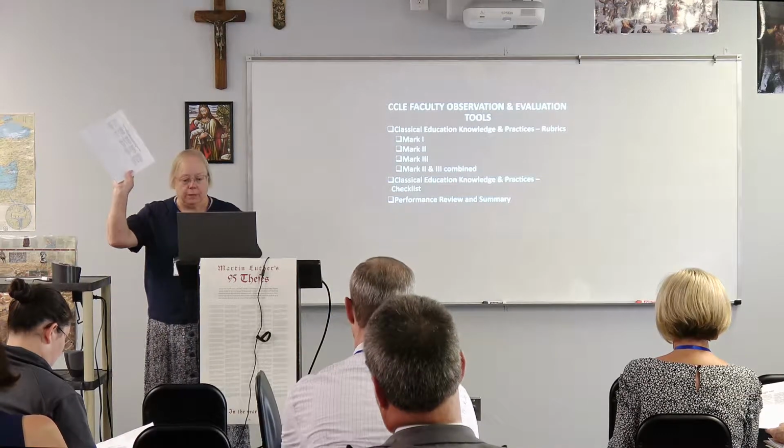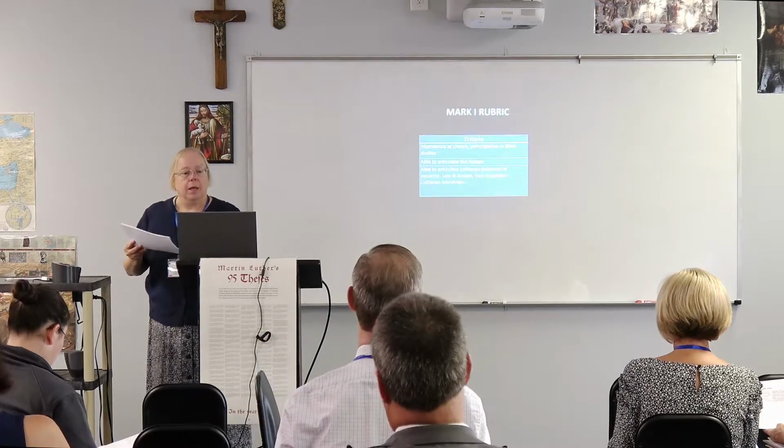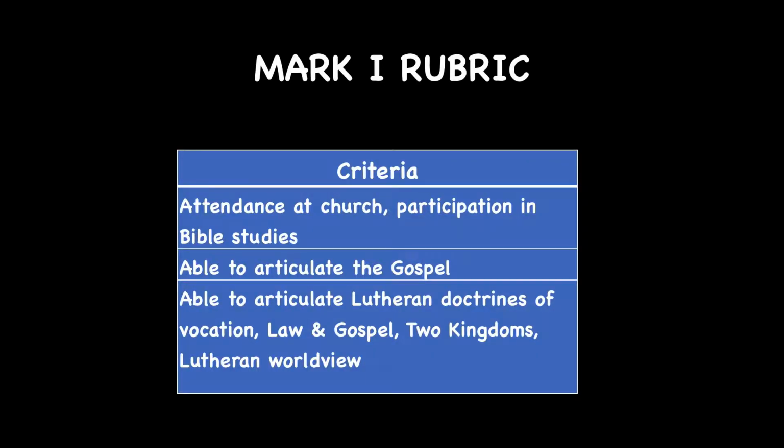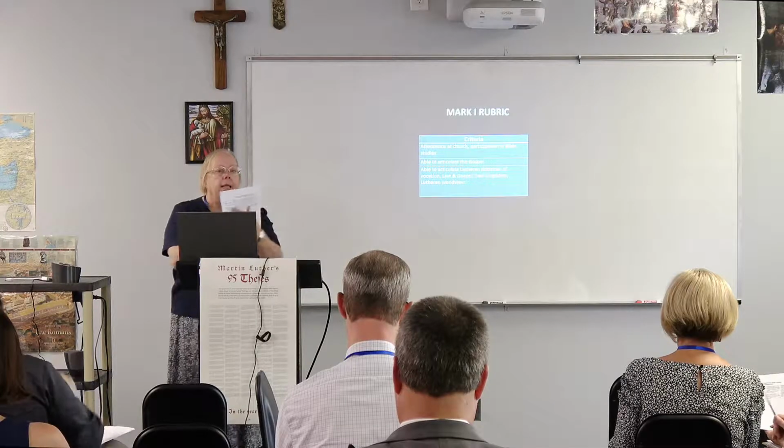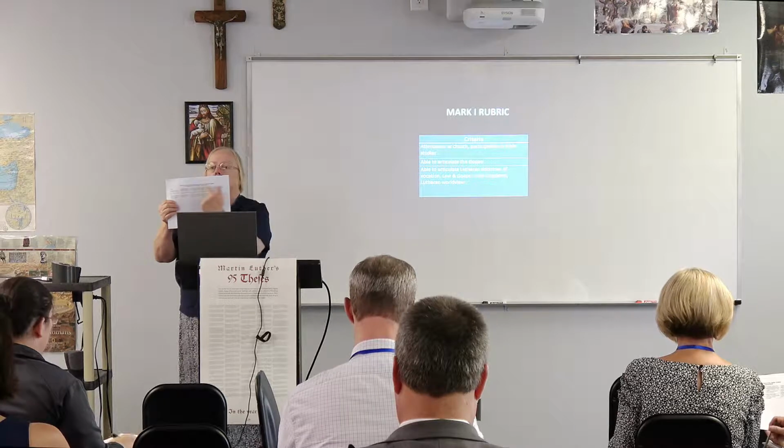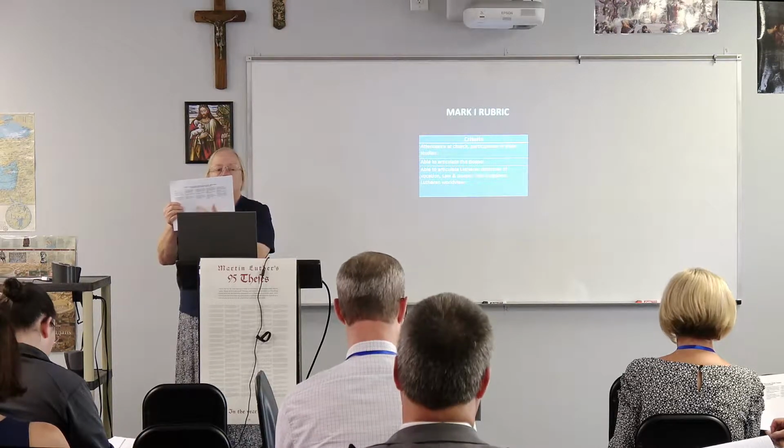So if you're fortunate enough to have one of these, when you look at the Mark 1 rubric, which is what we're looking at right now, you can see that we have the criteria of attendance at church, participation in Bible studies, able to articulate the gospel, able to articulate Lutheran doctrines, and then we have the descriptors, the 4 boxes that go across.